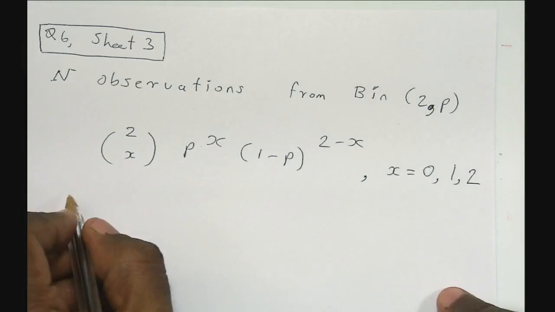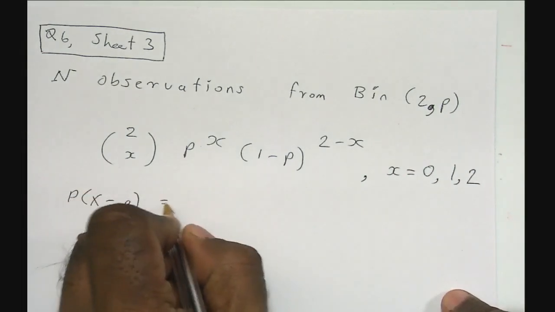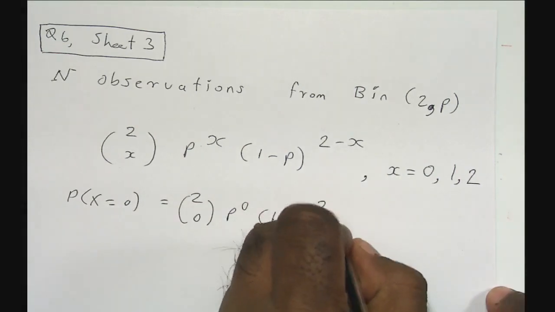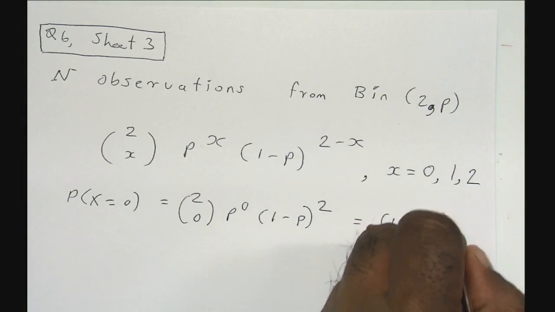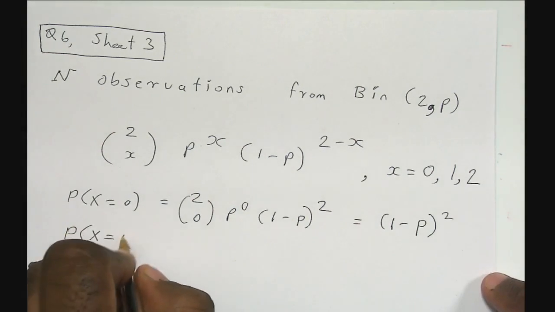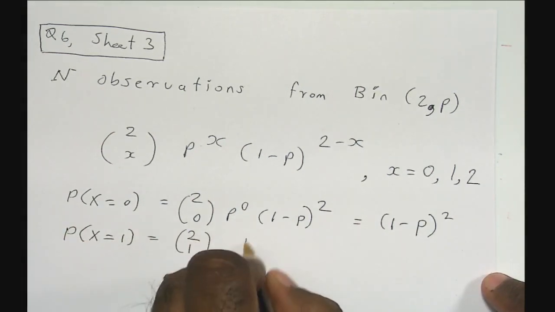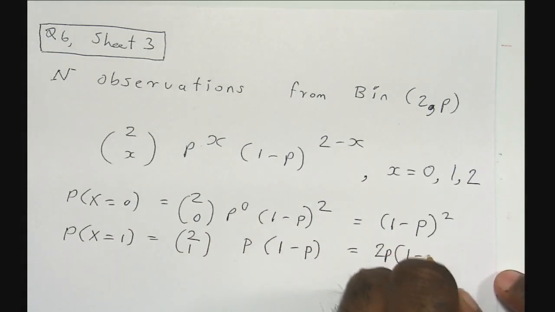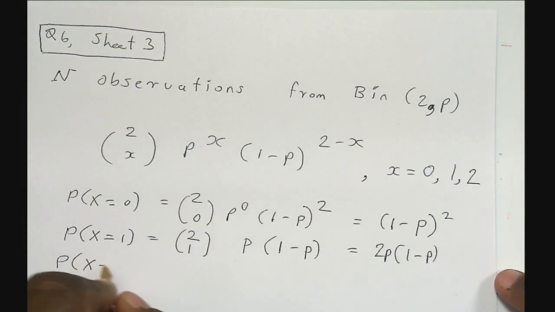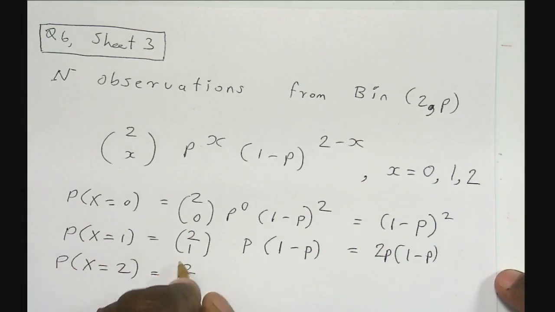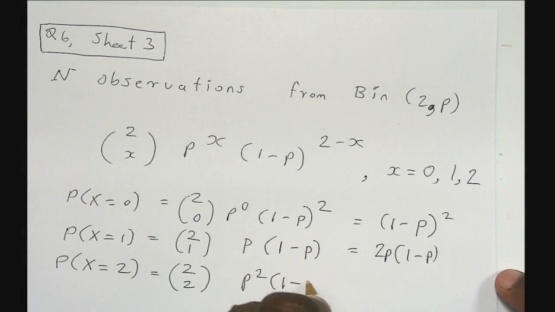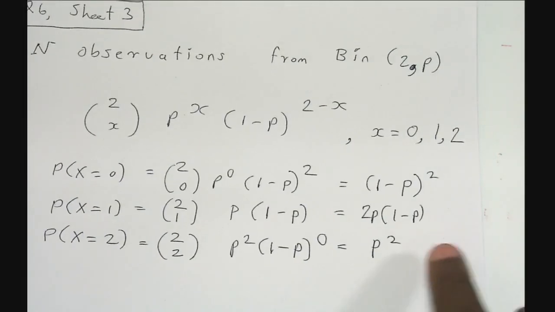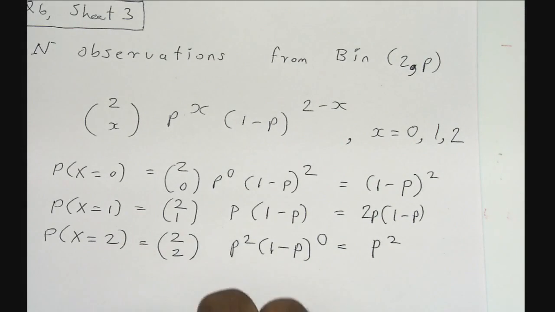So, for example, the probability that x equals 0 is to choose 0, is this, and the probability that x equals 1 is to choose 1, and the probability that x equals 2 is to choose 2, okay. So these are the three possible values the variable x can take, either 0, 1, or 2.